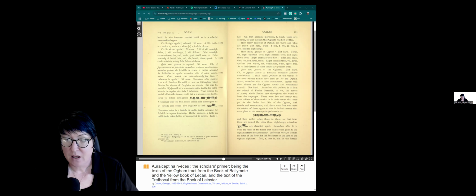I shall speak first of the woods of the trees, whence names have been put for the letters. Query, well then, whence are the vowels and consonants named? Not hard. It is from the school, again, more Latin, sorry, it is from the school of Phenius Farsaid, to wit, the school of poetry which Phenius sent throughout the world to learn the languages.